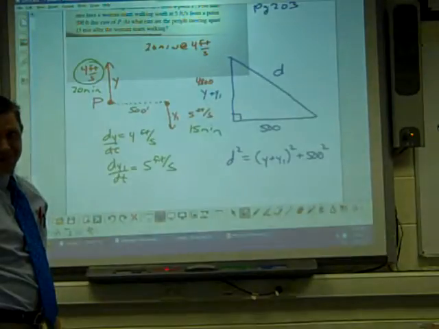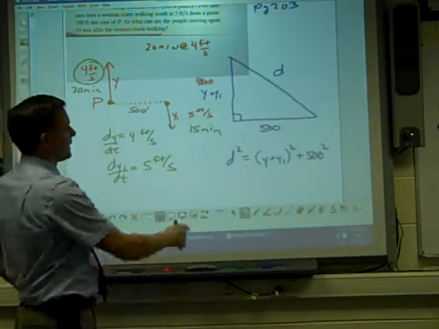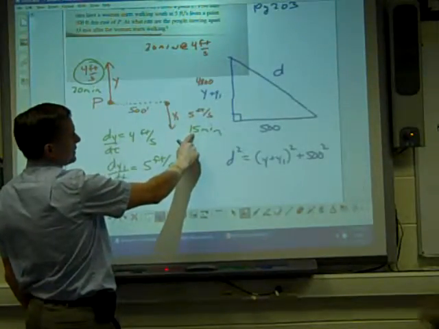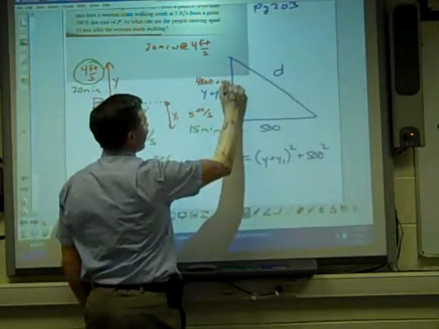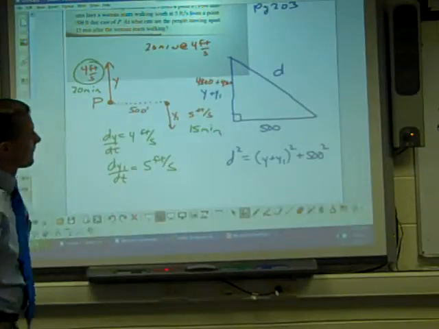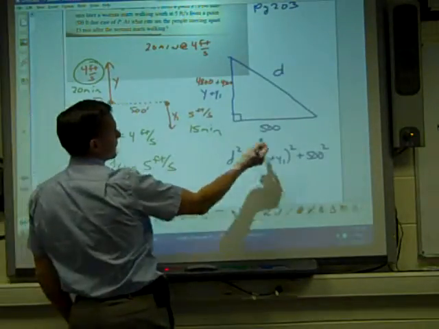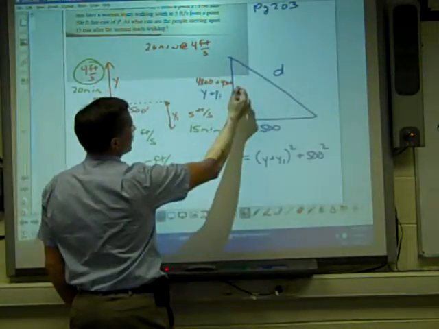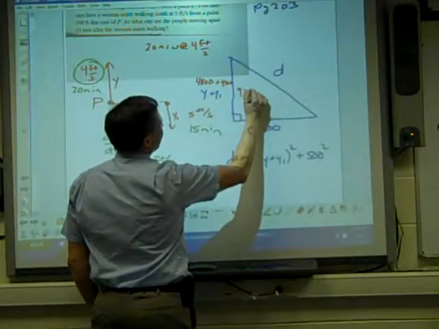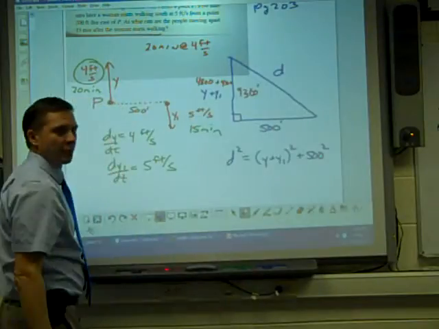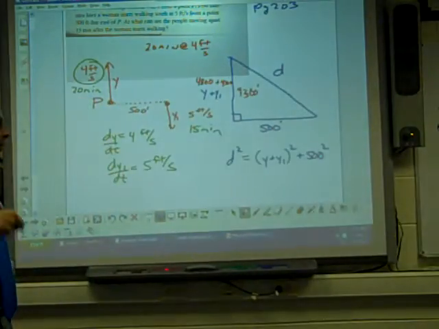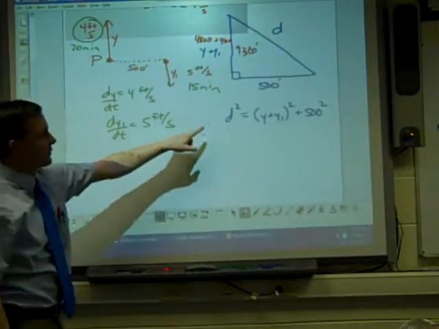It's feet per second, and you're in minutes. So 20 times 60 is 1,200, times 4 is 4,800 for the man. 15 minutes times 60 is 900, times 5, so you got 4,500 for the woman. So at the instant 20 minutes later, it's going to be 9,300 feet this way, 500 feet this way. Those are my distances at that point, but I can't use them until I've taken the derivative.